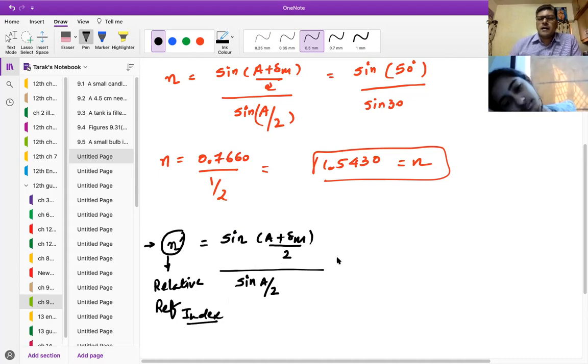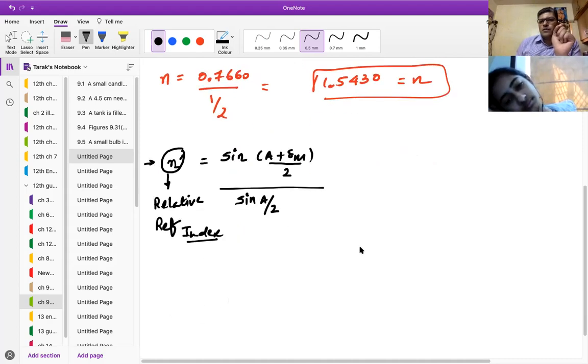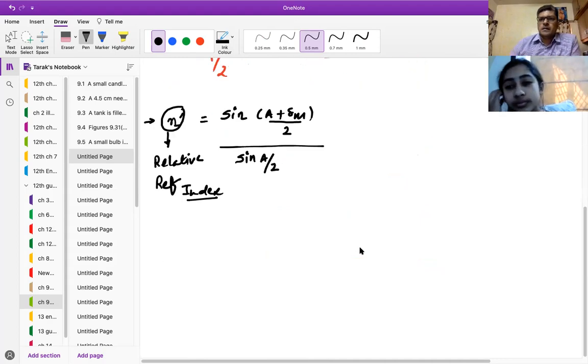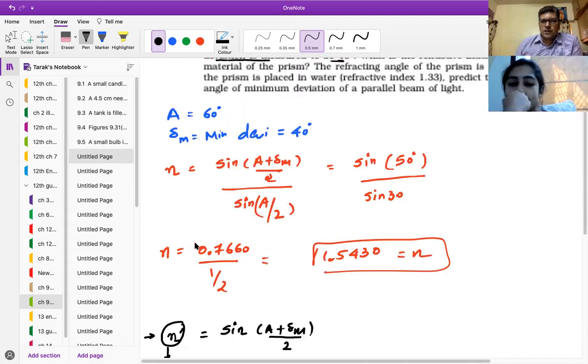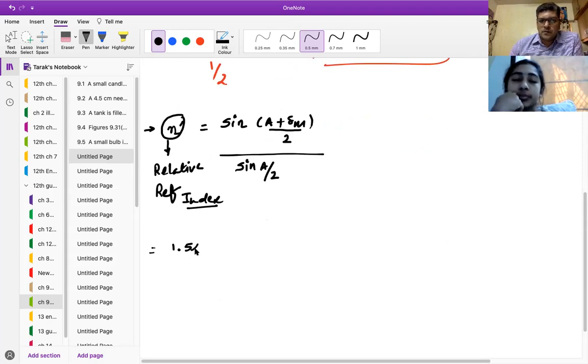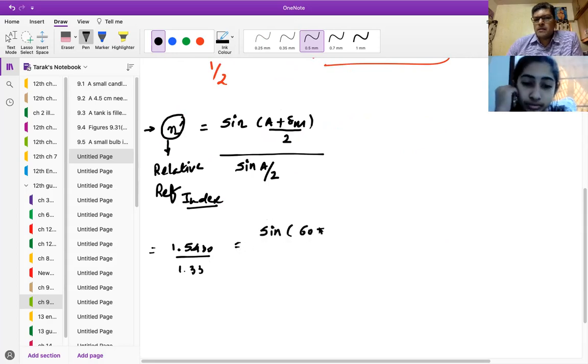So 1.5430 is my end media and 1.33 is my beginning media. So I am putting 1.5430 divided by 1.33 equals sine of (60 plus delta n) divided by 2, and sine of A by 2 is sine 30, which is 1 by 2.